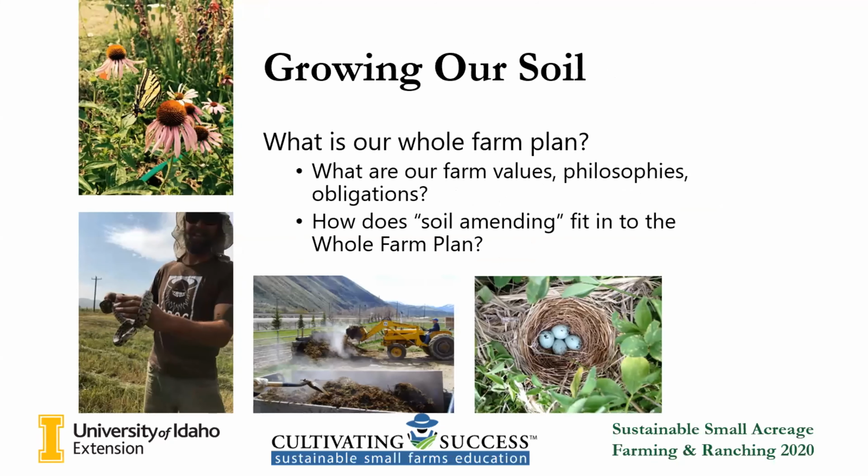And again, looking at that whole farm plan. So what are your values, philosophies, and obligations? And how does that dictate how you treat your soils? Because we're certified organic, we have some pretty stringent rules that we're expected to follow in terms of soil fertility and what we can use on the farm. And so we do not have that wonderful steaming pile of manure in that middle picture.